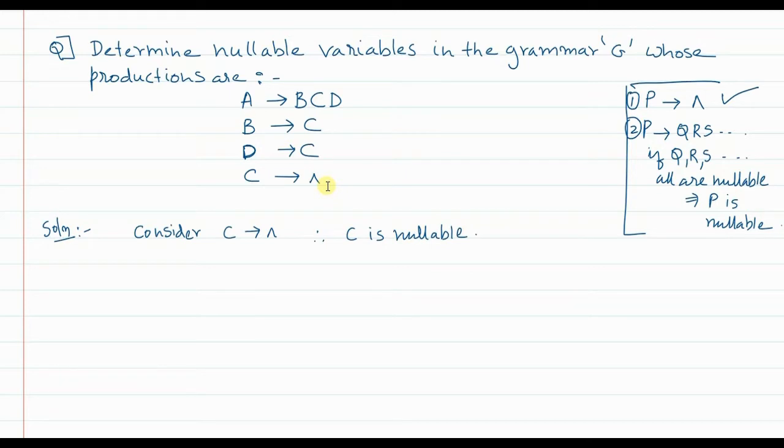Now B gives C. Let's consider the production B gives C. Since C is already nullable, B is also nullable. Therefore B is nullable.